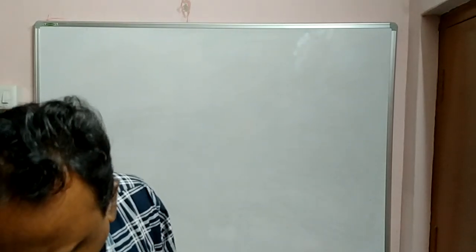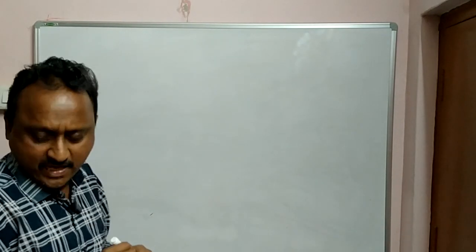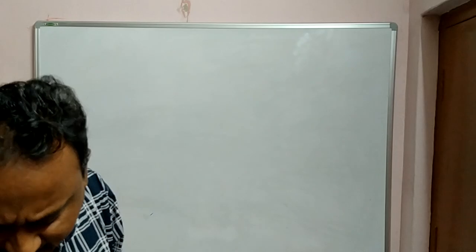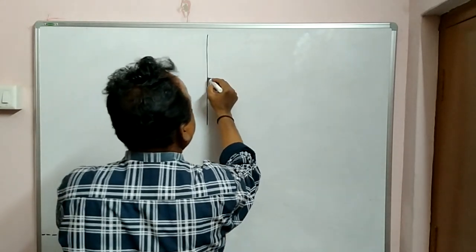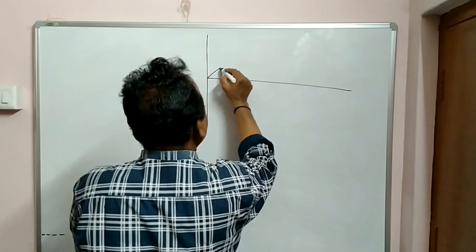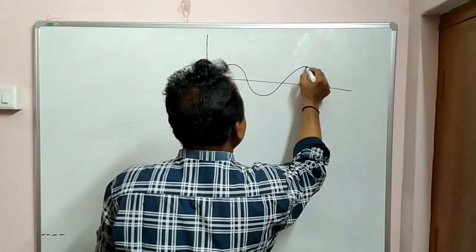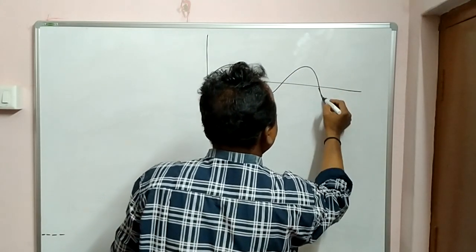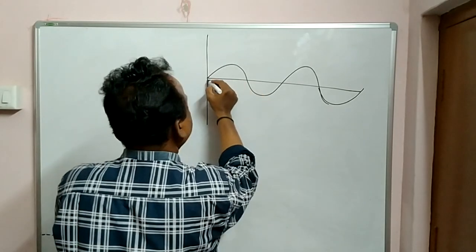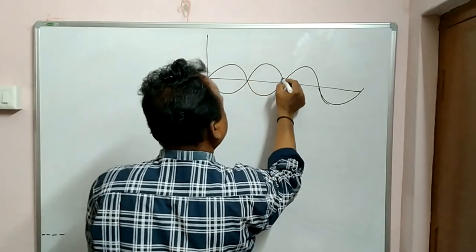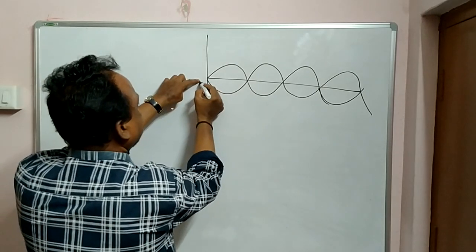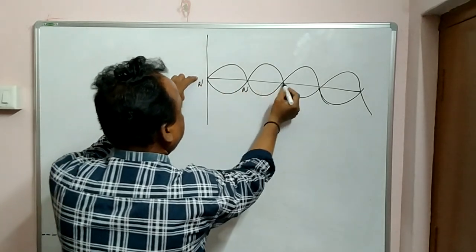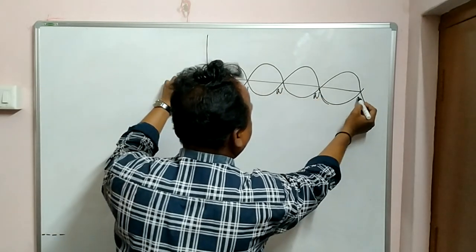Now see here carefully, one thing is very clear from this experiment that we have learnt. Suppose the waves are forming like this. This is node, node, node, node and node.